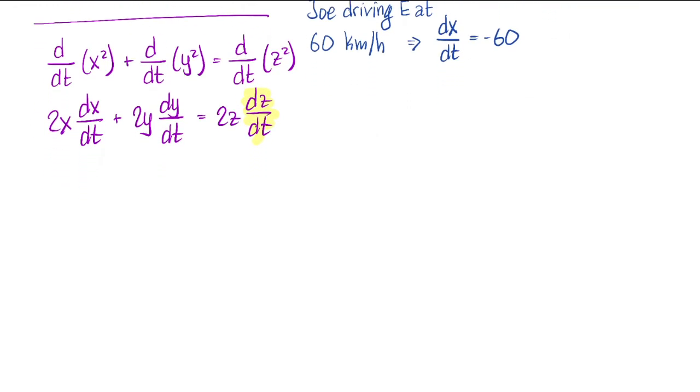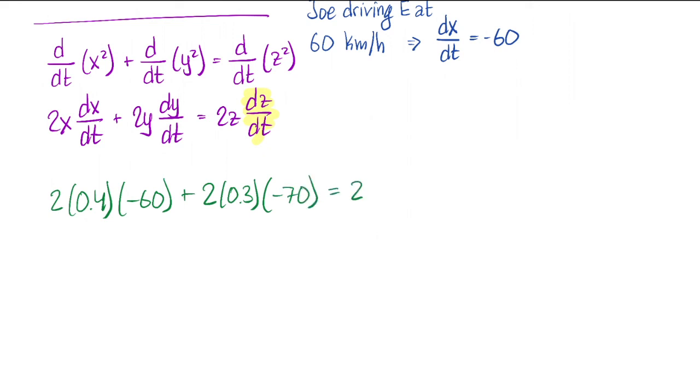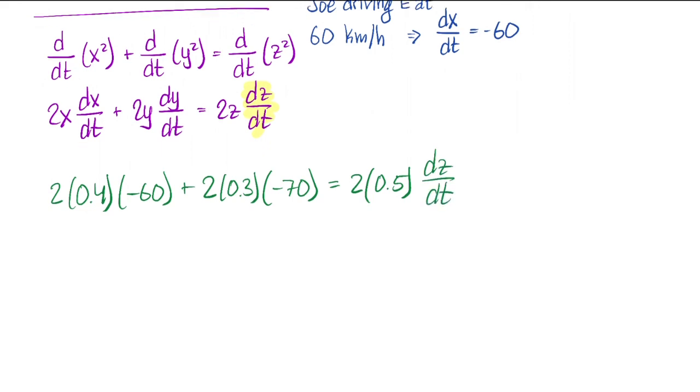So it's going to be 2 times 0.4 times dx/dt, which is negative 60, plus 2 times y, which is 0.3, times dy/dt, that's negative 70, equals 2 times z, and z was 0.5, times dz/dt.